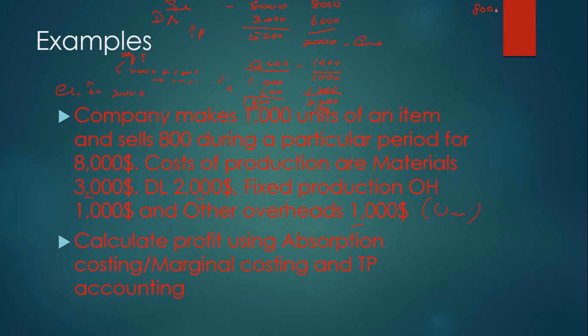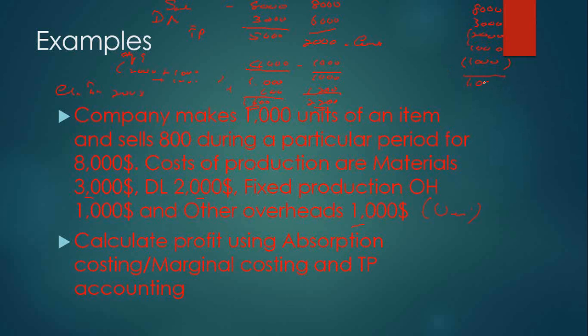Now you don't take only the direct material, you take the direct material, direct labor, everything together. So 3,000, 2,000, 1,000 and 1,000. Deduct everything, and you will have still 1,000.